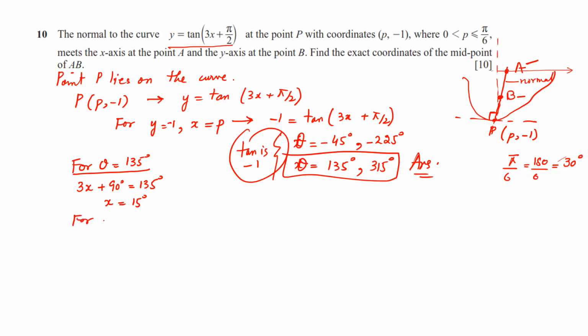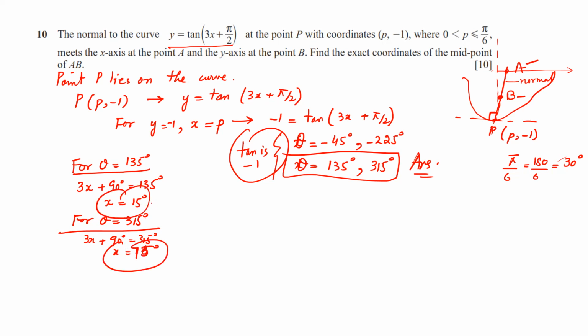And similarly, for theta equal to 315 degrees, we have 3x plus 90 degrees equal to 315 degrees, so x is equal to 75 degrees.